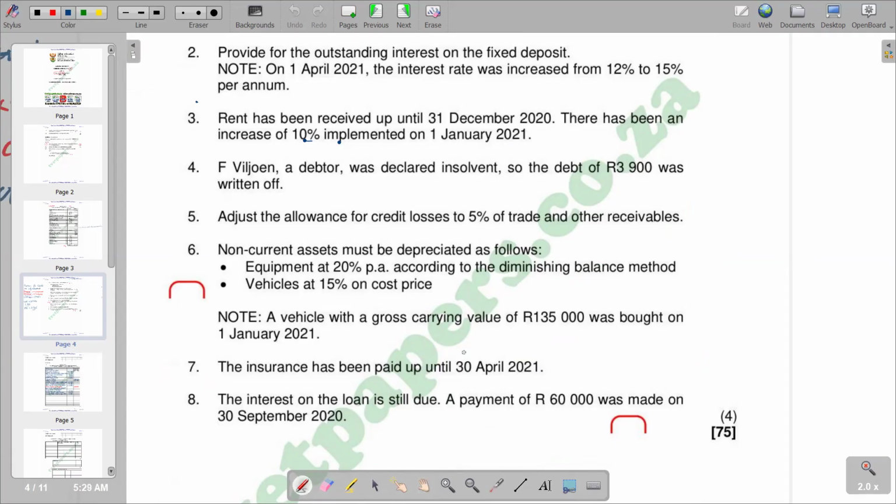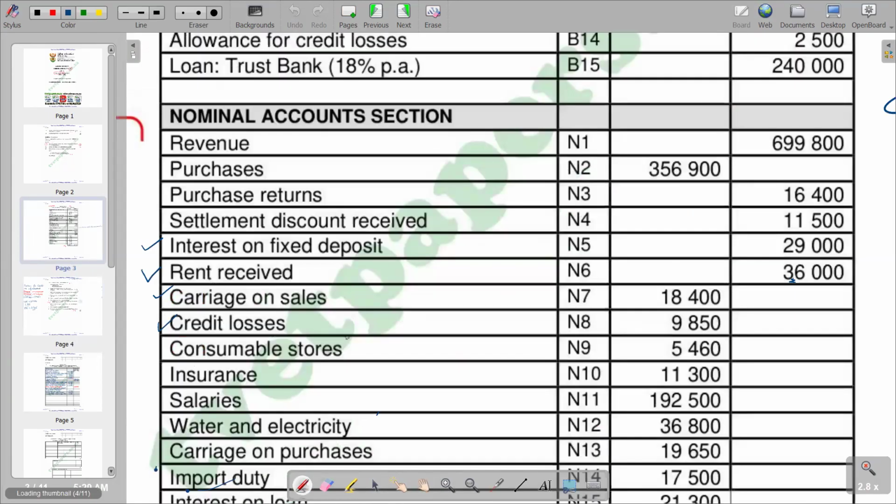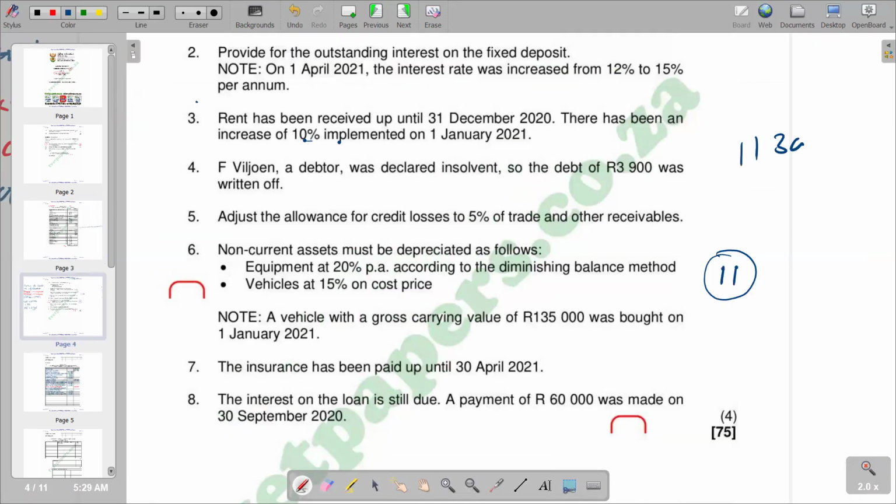It means we have other months, which are May and June, 2 months not yet paid for insurance. So the insurance that we are seeing here, 11,300, represents 10 months. So we divide 11,300 by 10, and we get 1,130. So this is the insurance paid per month.